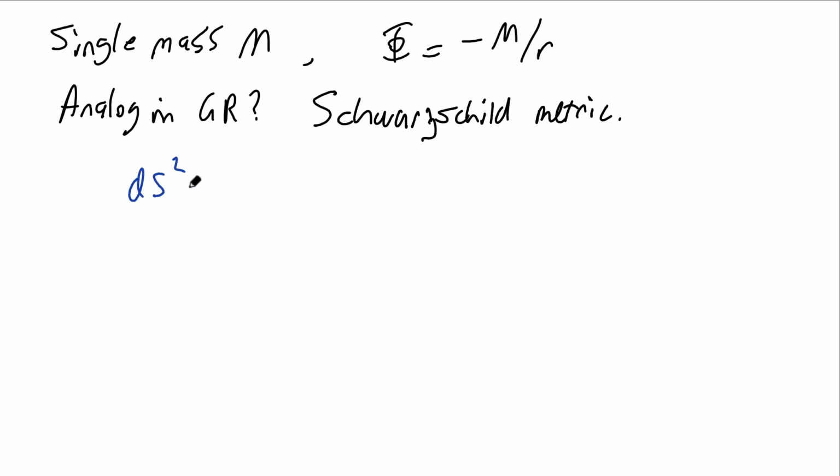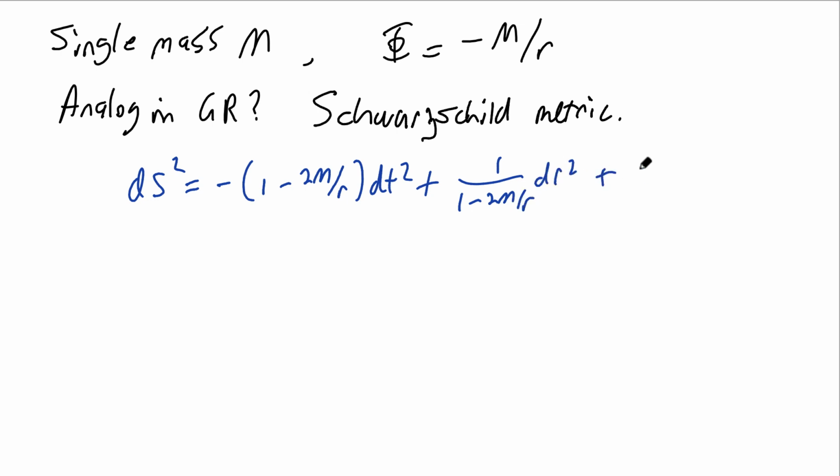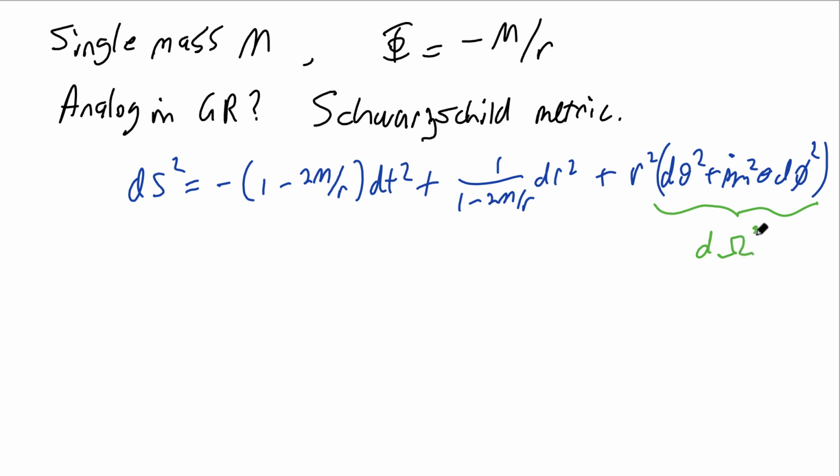And the metric is ds squared equals minus (1 minus 2m over r) dt squared plus 1 divided by (1 minus 2m over r) dr squared plus r squared (d theta squared plus sine squared theta d phi squared). Let me abbreviate this factor as d omega squared. That's a common notation and it will save some writing. So the analog of a single mass in Newtonian gravity is the Schwarzschild solution.